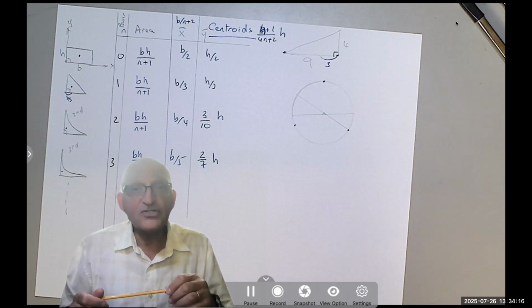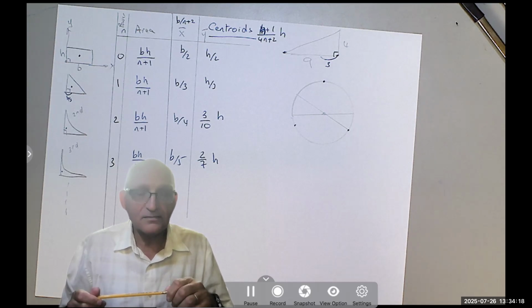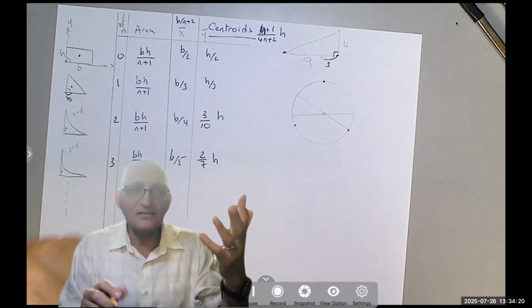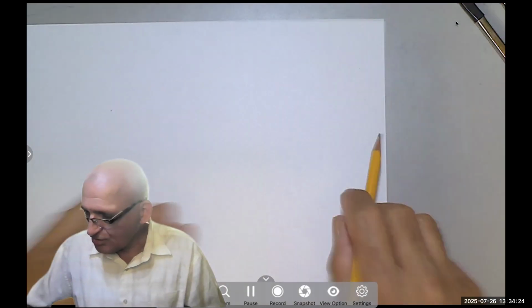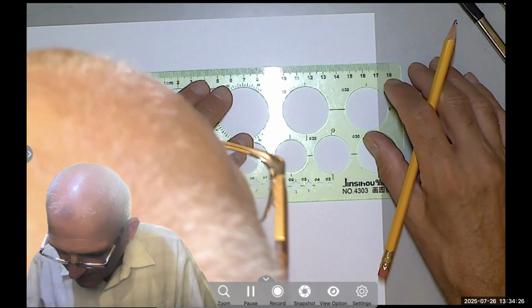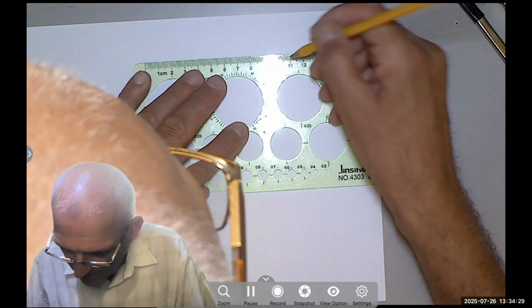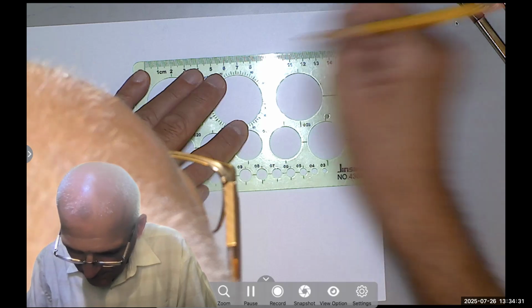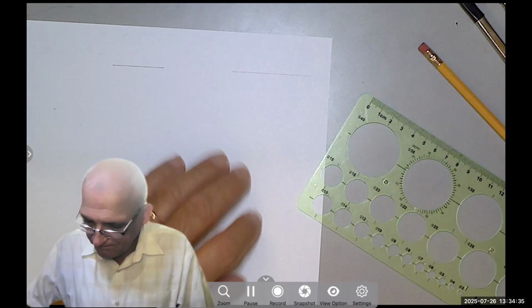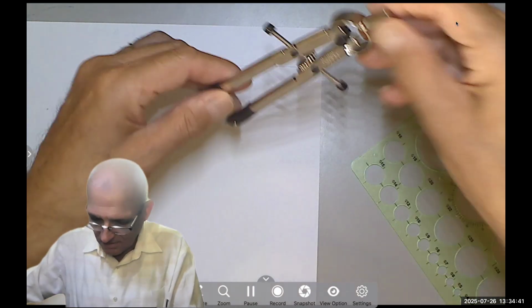It's half a circle or a quadrant. We are going to use either half a circle or a quadrant.